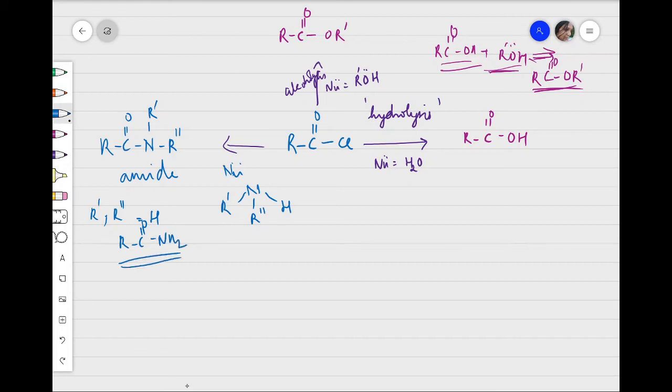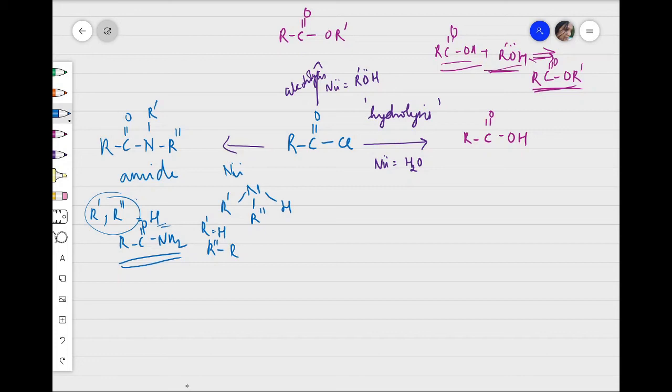Now if there is only one substituent, when R dash is equal to H and R double dash is equal to some R, in that case I will get a mono substituted amide. If both are alkyl groups, not hydrogen, we get a di-substituted amide.